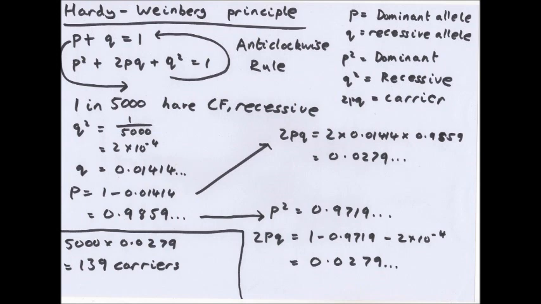Now I would suggest it is slightly better to use the work out p, then p squared, then 2pq method, because you are just ever so more likely to get a very accurate result. With the 2pq straight away method, you can get a very small error.